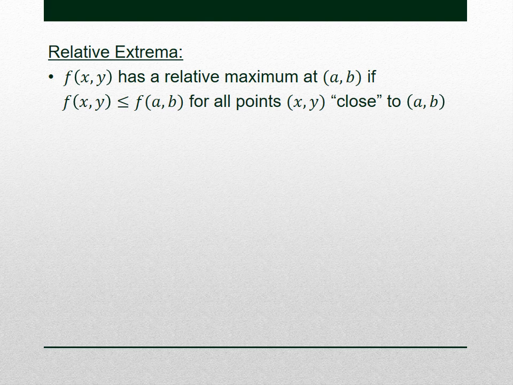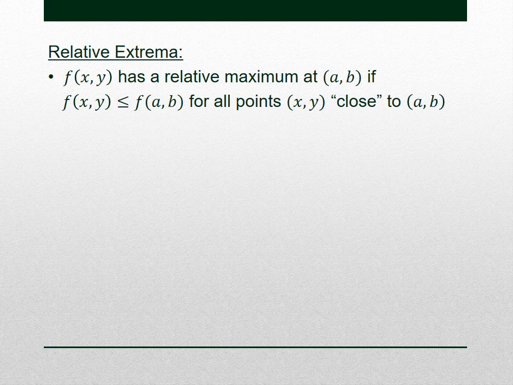Okay, so let's remember what relative extrema are. Relative extrema are maximums or minimums compared to the things around them, but what does that look like in the context of a two-variable function? We say a function of two variables has a relative maximum at (a, b) if f(x, y) is less than or equal to f(a, b), so that means f(a, b) is the biggest for all points that are close enough.